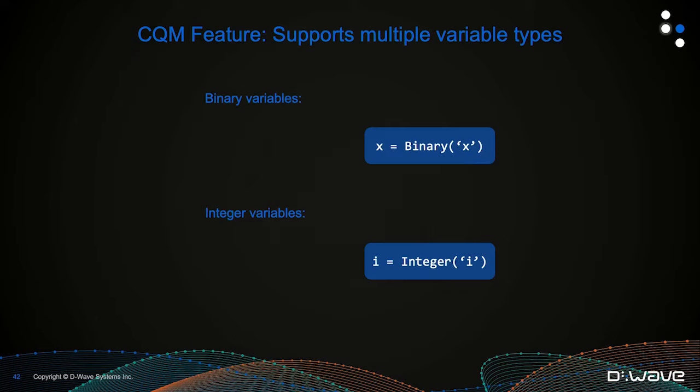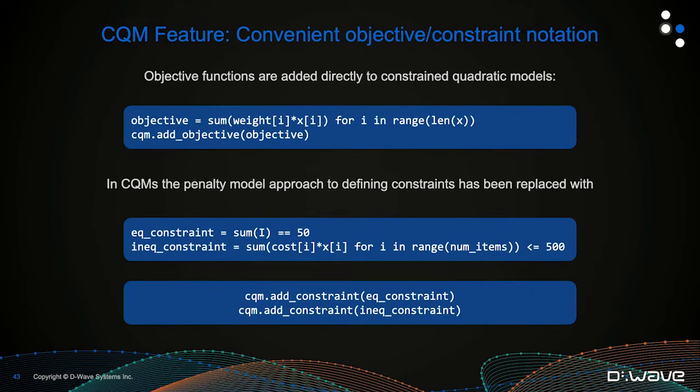Likewise, when we construct an integer variable, this integer constructor will create a quadratic model that has a single integer variable within it. In this case, the integer variable is labeled I and has a linear bias of 1. Once we have binary or integer variables defined, we can then use symbolic math.